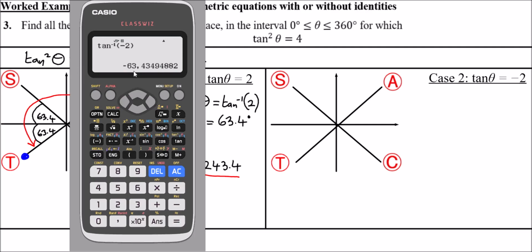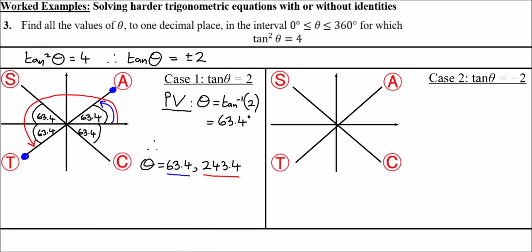You can see here we get minus 63.4 degrees. That's the principal value here. So just write this in: principal value of theta is tan minus 1 of minus 2, which came out to be negative 63.4.